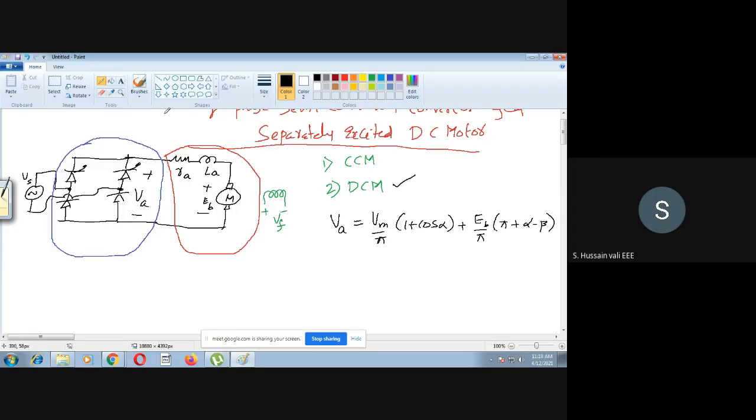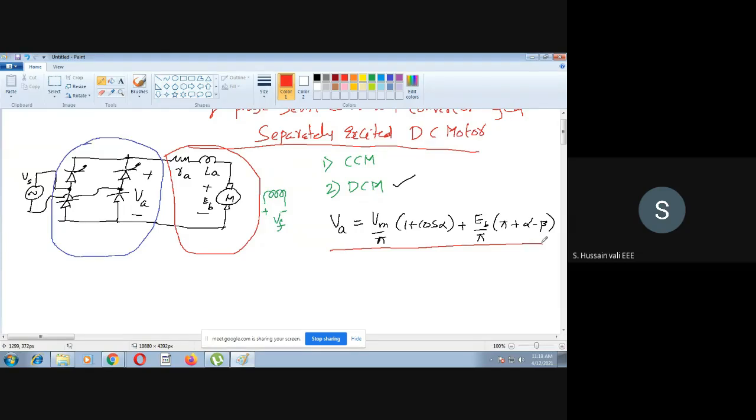This is the expression for the voltage which is going to the armature of the separately excited DC motor in discontinuous conduction mode.